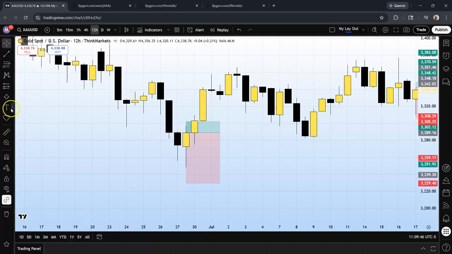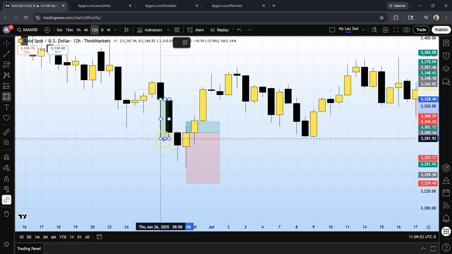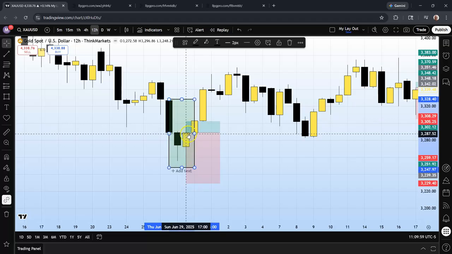And again, I can box it up to show you what I'm talking about. So you have your down candle, your reversal candle, and you have that third candle right there. You would enter right here.